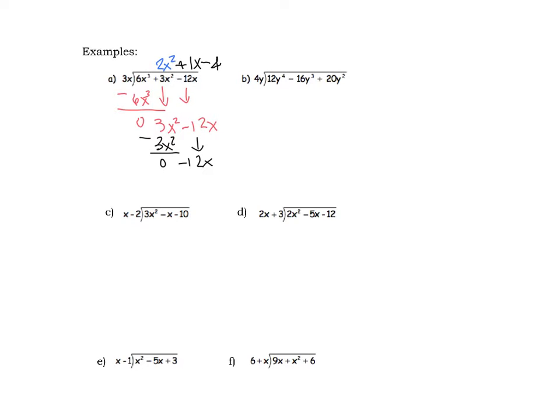No variable. So 4 times 3x gives me negative 12x. And then when we subtract those, that actually gives us a remainder of 0. So the answer for that question is 2x squared plus x minus 4.